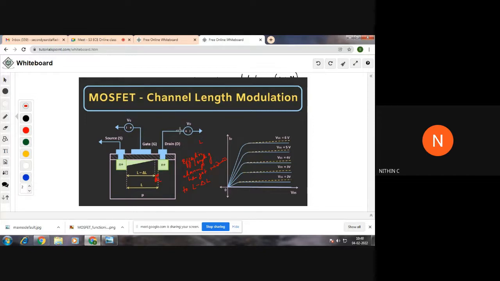The effect of channel length modulation will be there only in the case of short channel devices.